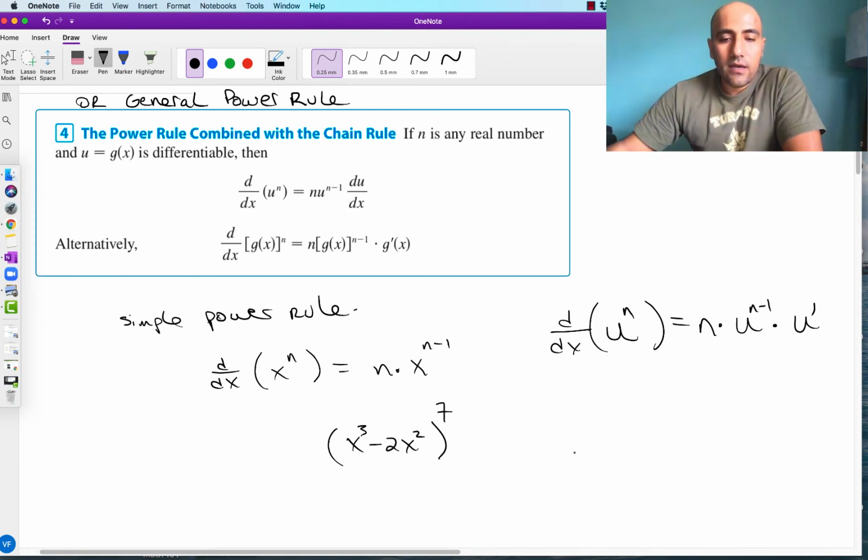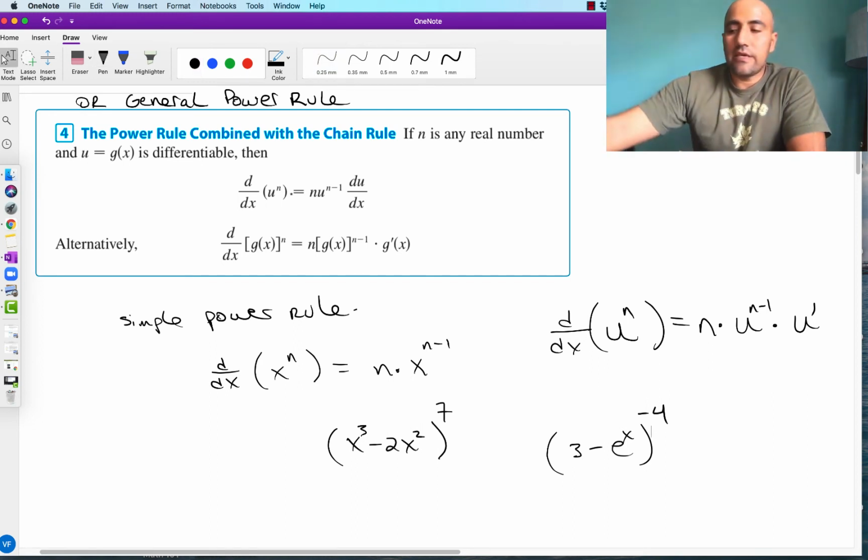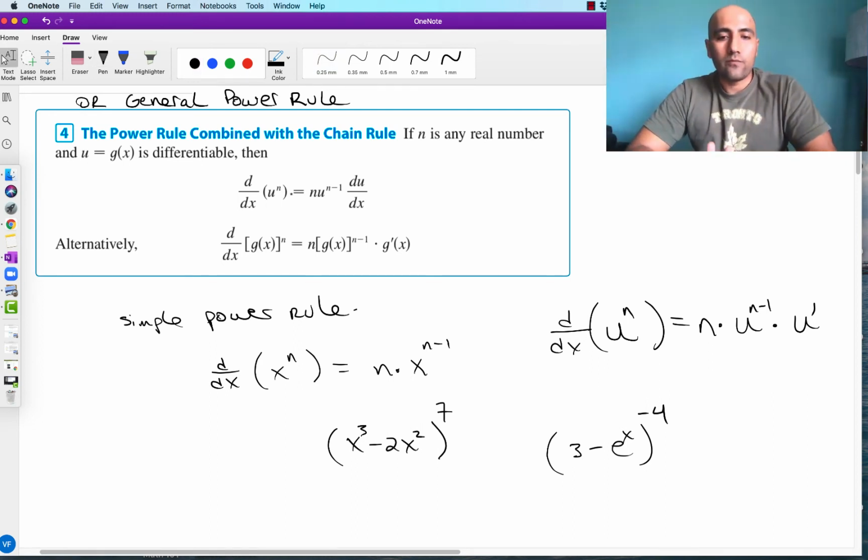Or maybe 3 minus e to the x raised to the power of negative 4. Right? As long as n is any real number, then we'll have some function that we know to be differentiable to the power of some real number. Then we can use this newfound rule, right?